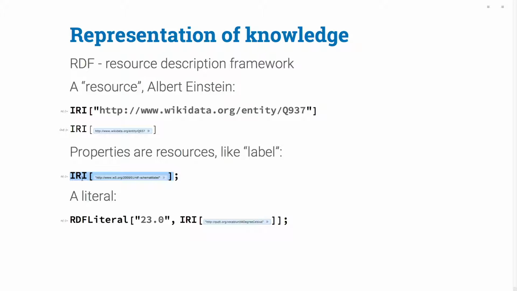So they have properties themselves, and so on. And then there are some special things, like literals. If you just have a string, you don't know what it means on its own. But in RDF, each string is annotated with a data type, and in this case, it uniquely defines how this string is to be interpreted, namely as a temperature in degrees Celsius.